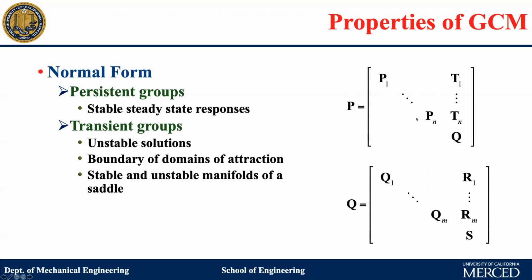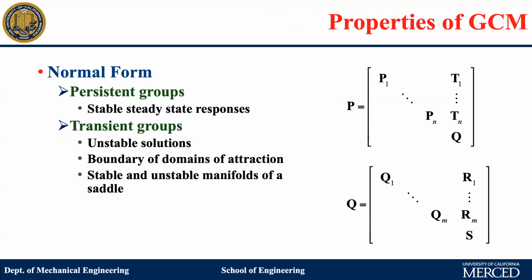So you can partition the P matrix in this form. The diagonal elements of P represent stable solutions of the system, and the detailed structure of each P describes the nature of the solution, whether it's a fixed point, a periodic orbit, or chaotic motion. It's all described by that set of P's on the diagonal of the transition probability matrix.